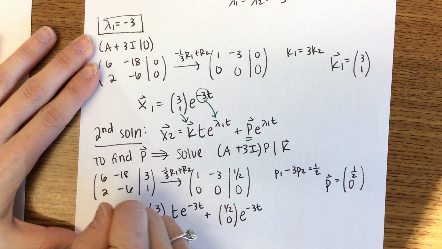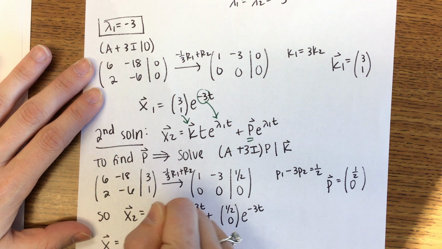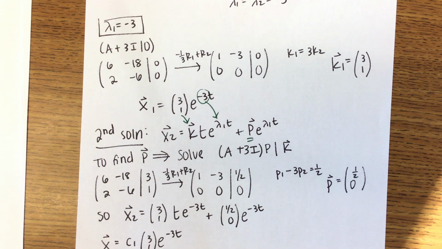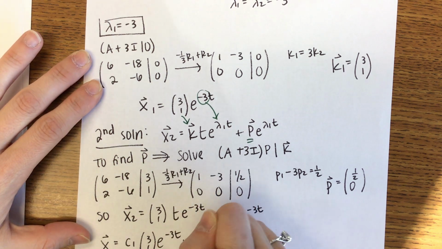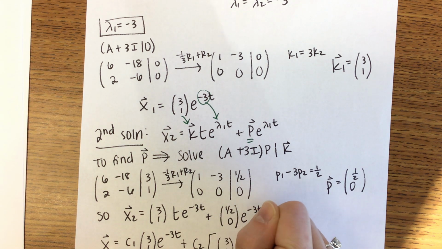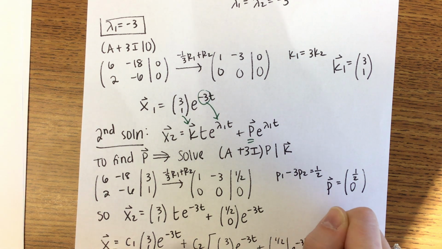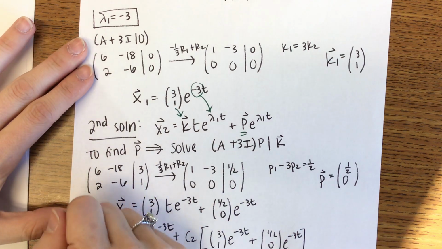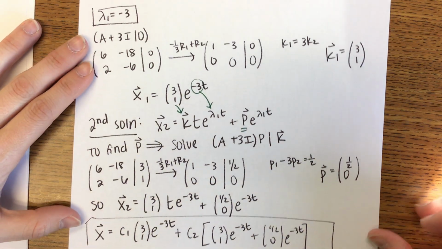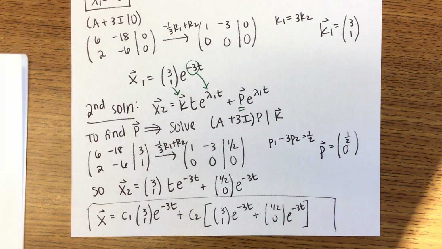So the general solution is our x, so c1 (3,1) e to the negative 3t, plus c2 times the second solution, which is (3,1) t e to the negative 3t, plus (1/2, 0) e to the negative 3t.